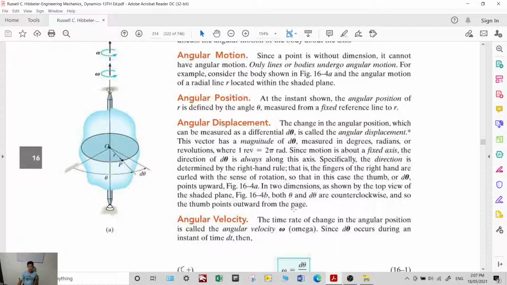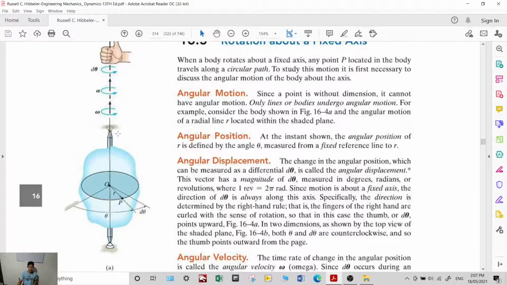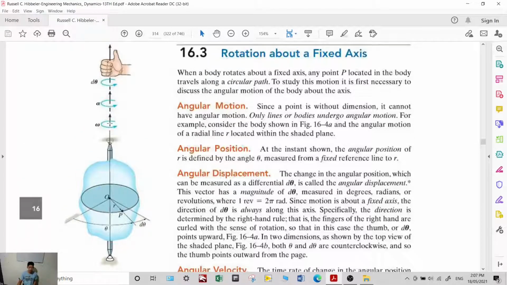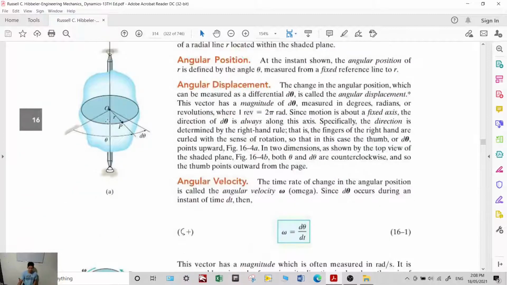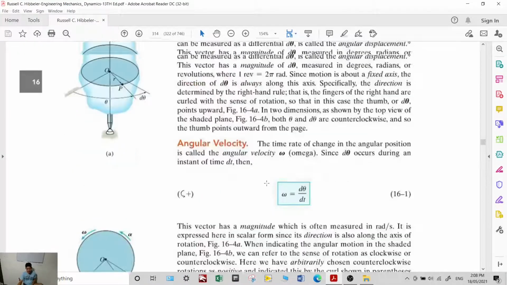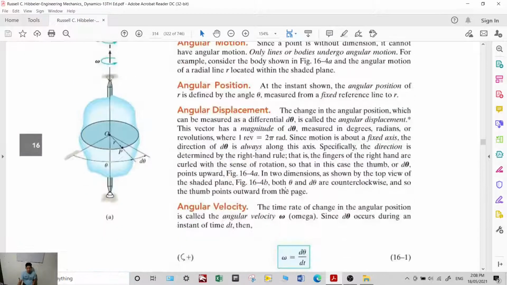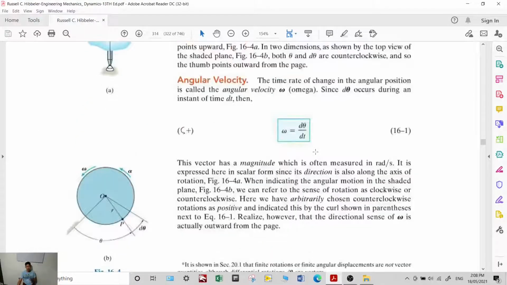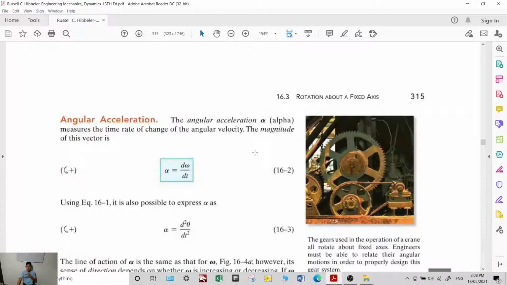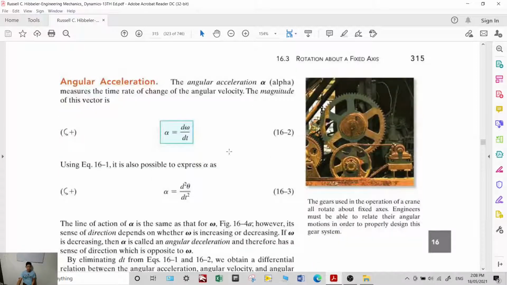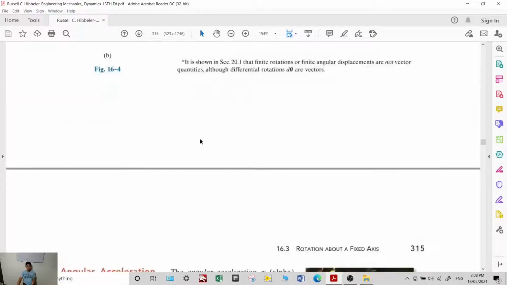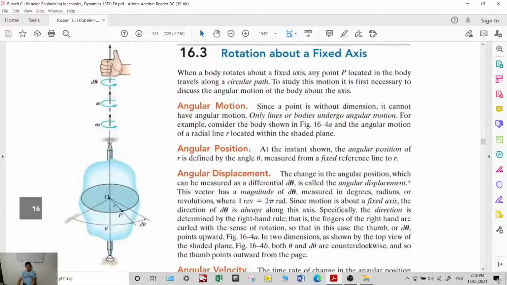Again, its direction is just the same as your d theta, going upward also. As well as the angular acceleration alpha. Now, if you differentiate, you'll get alpha, which is d omega over dt, angular acceleration. Going upward also. Direction, no?